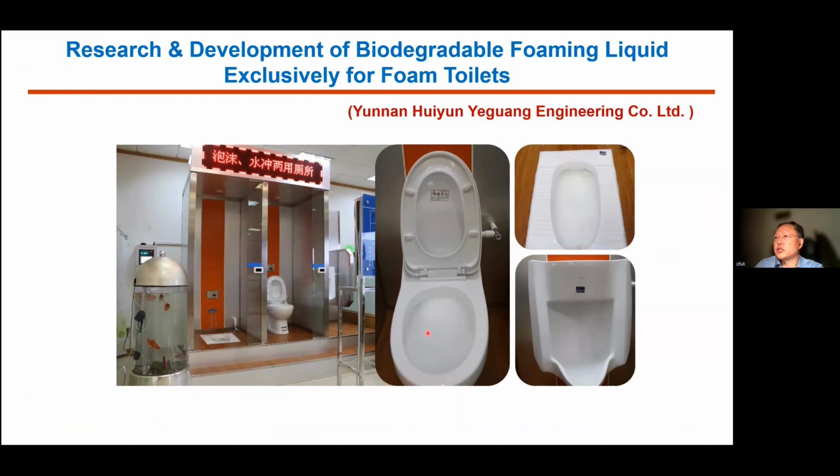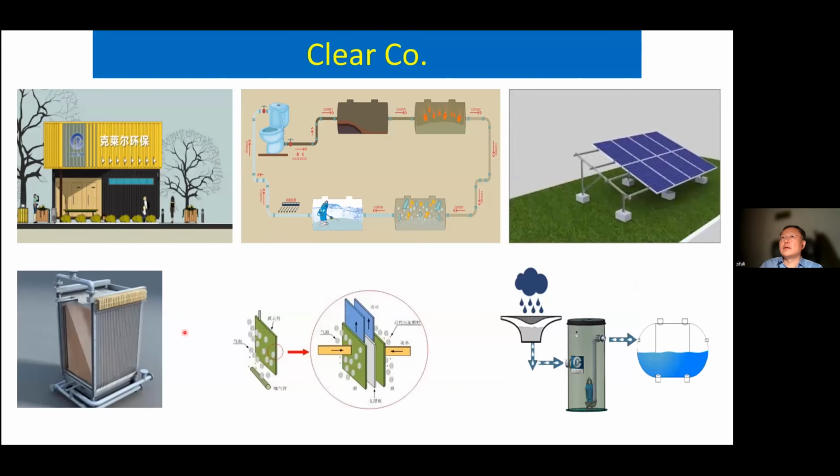After treatment, the company, the developer, also showed that this water can be used for fish. And here is another non-sewerage public toilet. They treat the wastewater, and after treatment, the wastewater can be reused for toilet flushing.